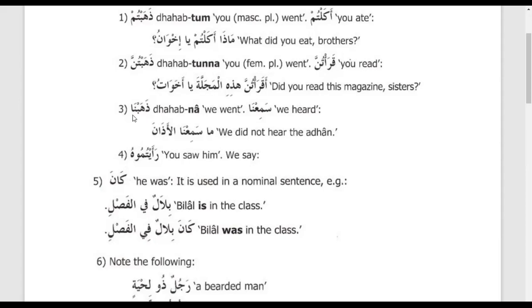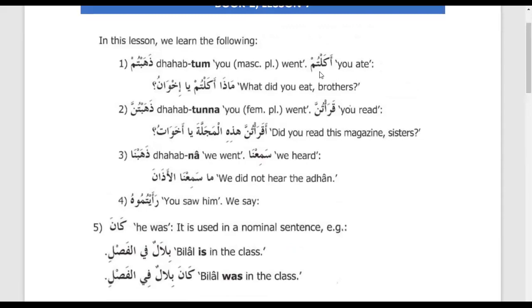And similarly, ذهبنا is the plural form of the speaker, the one who is talking. On the same pattern, we have سمعنا, that means we heard. ما سمعنا الأذان, we didn't hear the adhan. And similarly, from أكل, if I want to say we ate, how will we say that? We ate. أكلنا.